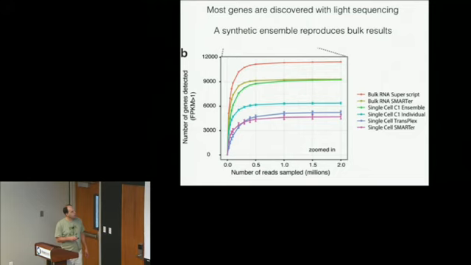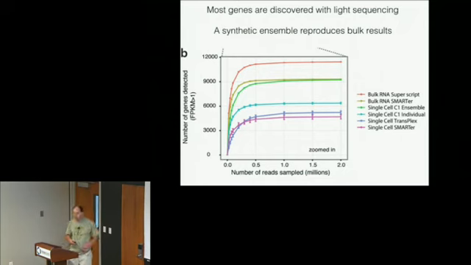the single cell. So you can ask, if I take all these 96 single cell measurements and combine them together synthetically, and I pretend that was a bulk experiment, a kind of synthetic ensemble, what does it look like? Well, that's the green curve right here. And so the collection of single cells does seem to reproduce the bulk ensemble pretty well. And this is just in number of genes detected.